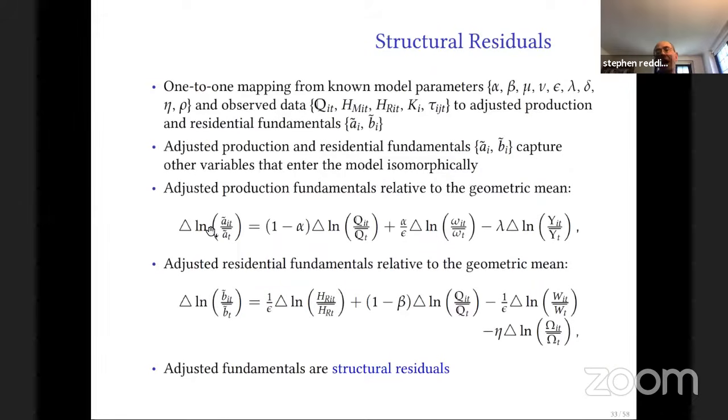On the right-hand side, we've got things we observe in the data, like floor prices, wages, adjusted wages that we can recover from the data, and these production externalities that are functions of observed employment densities and travel times. Again, same for residential fundamentals. On the right-hand side, everything is data, functions of data, or parameters.